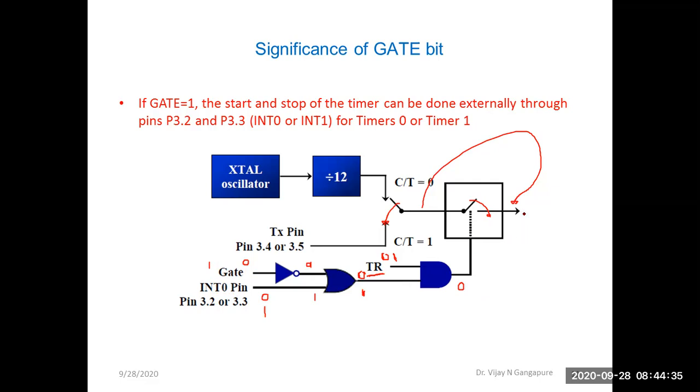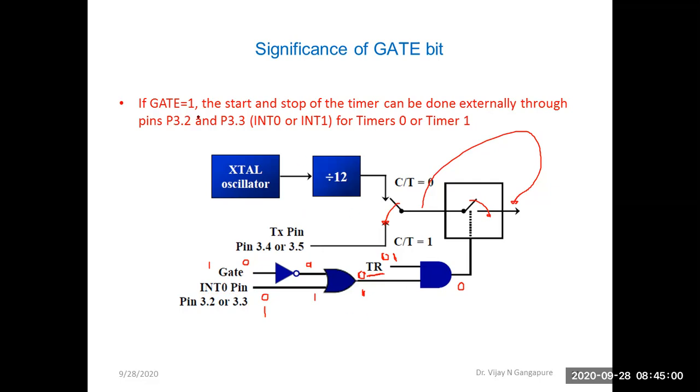That means we can turn the timer on or off by using both the INT0 and TR0 bits. TR0 bit is internal and the INT0 pin is external, on which we can input either 0 or 1. That means we are now controlling the operation of timer 0 externally by using the INT0 pin, and internally by using the TR0 bit.